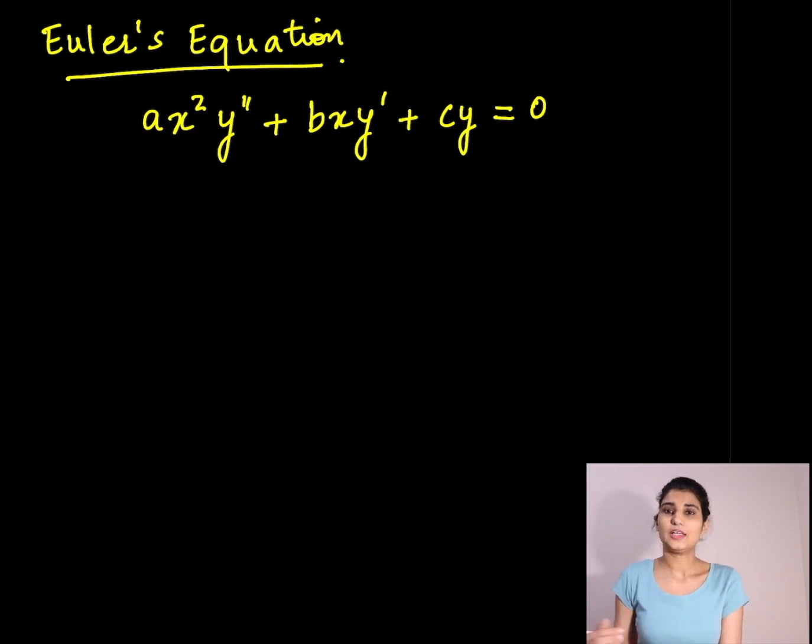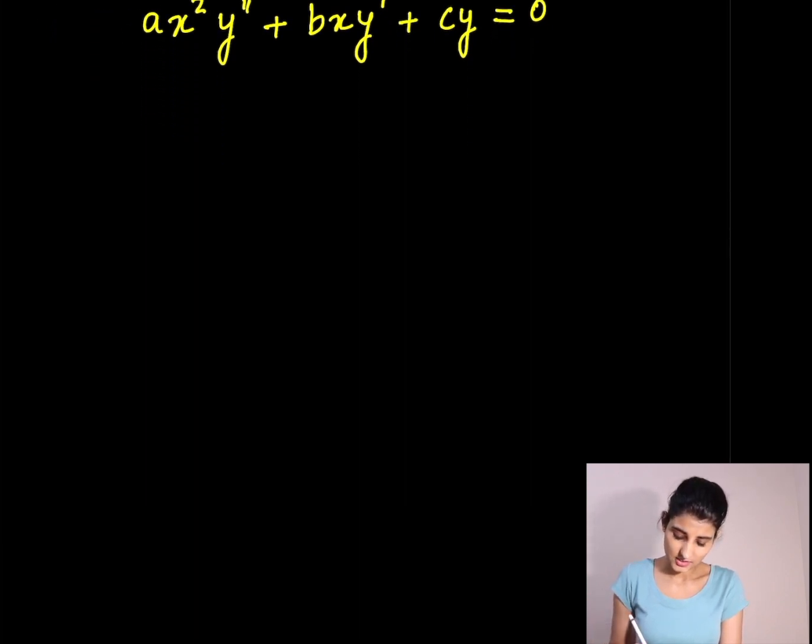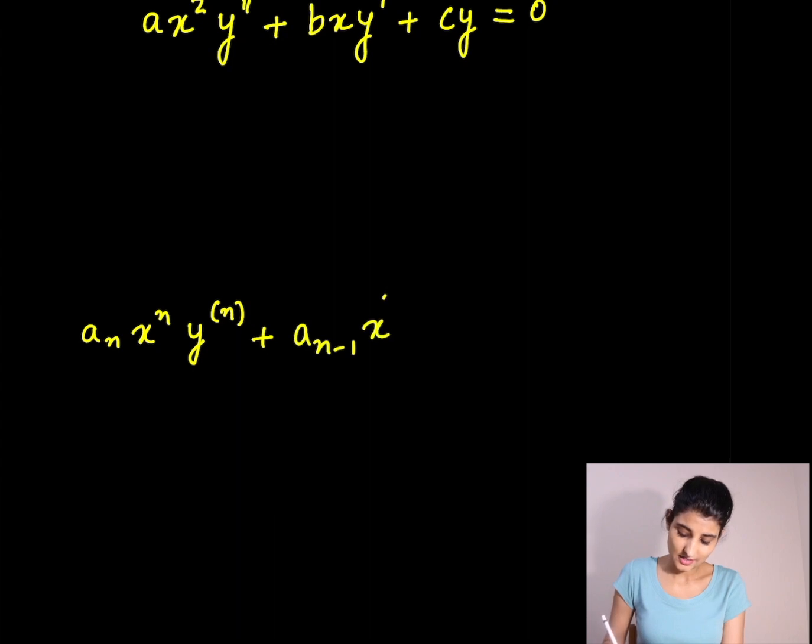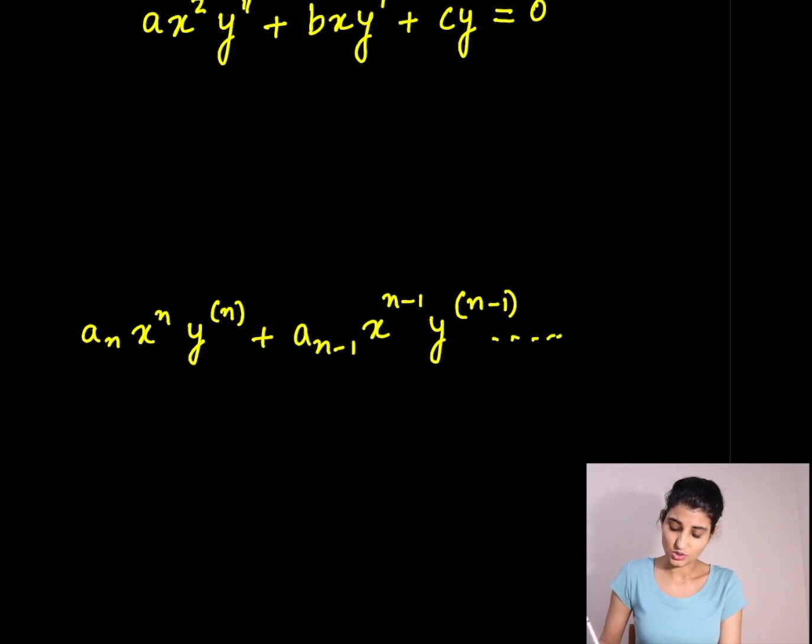Similarly, the nth order Euler equation looks like a_n x^n times the nth derivative, plus a_(n-1) x^(n-1) times the (n-1)th derivative, and so on.